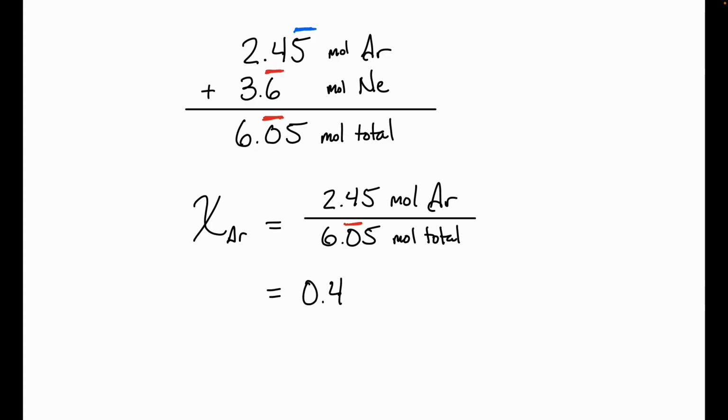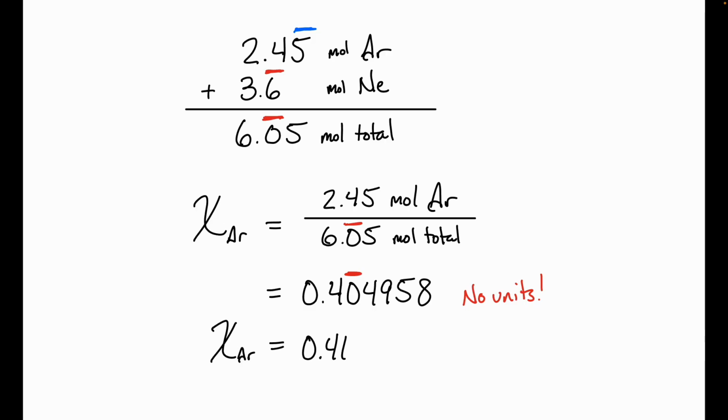Again, I should get a number between 0 and 1. The other thing that's kind of weird about mole fractions is these are unitless quantities. So we have no units. All right, those are fairly rare, but we will come across a few of them. Okay, so my mole fraction of argon is equal to 0.40, full stop, mole fractions.